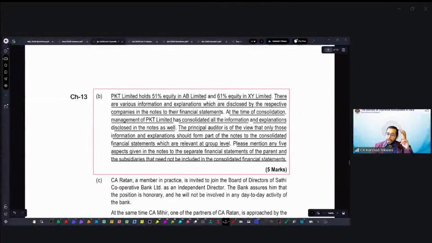Again, you need not include. I'm not saying which are required to be included. So you need to answer what is not required to be included, which may be there in the standalone, but I'm not required to include that in the consolidated financial statements.